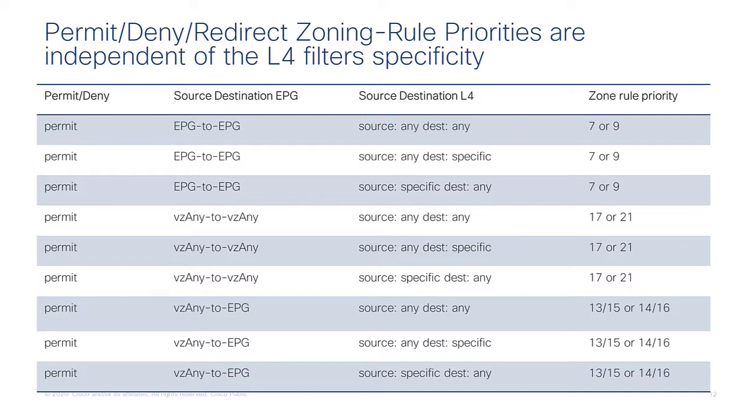So this is rule number 1 because of that reason. It is the first criteria where you need to filter traffic. Which layer 4 rules or which other filtering rules you're going to look up depends on which one of the EPG to EPG or vzAny to vzAny or vzAny to EPG rules is matched, okay?